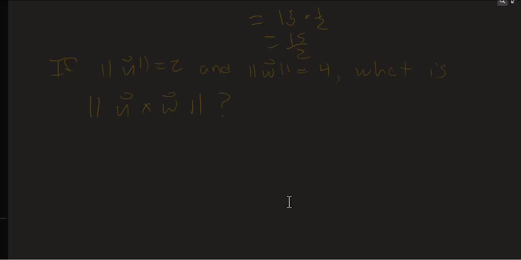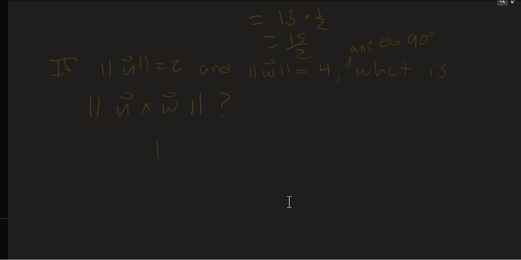Okay, so now pause it and figure out your answer. Oh, you need one more thing. Theta equals 90 degrees. What is the magnitude of U cross W? So pause it and figure out your answer, and then come back and check it.